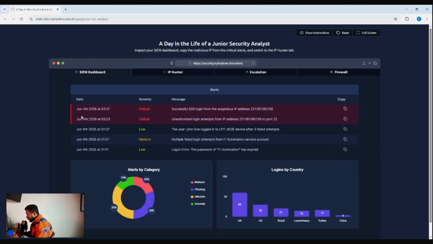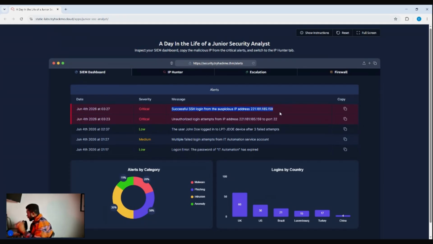Now, pay close attention to this part of the screen where we have June 4th, 2026 at 3:27. On this particular day, at this particular time, there was an alert titled Successful SSH Login from the suspicious IP address 221.181.185.159.